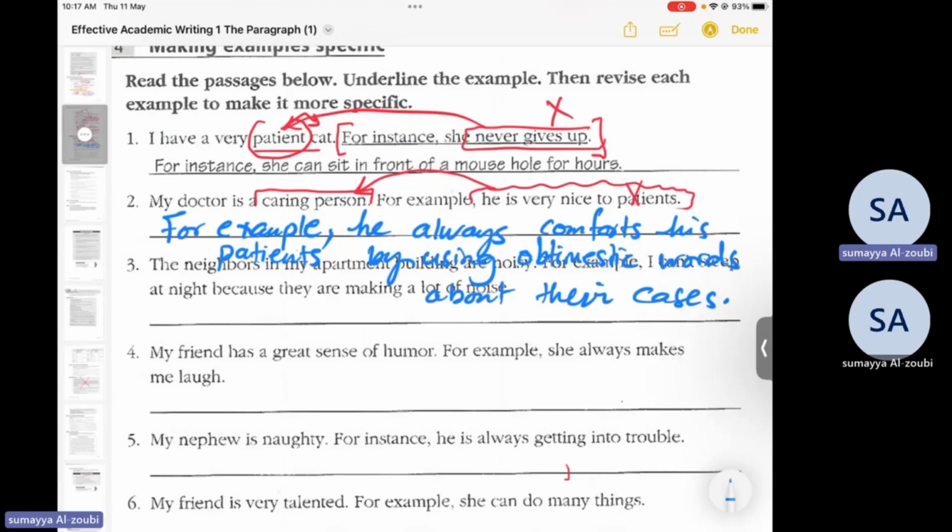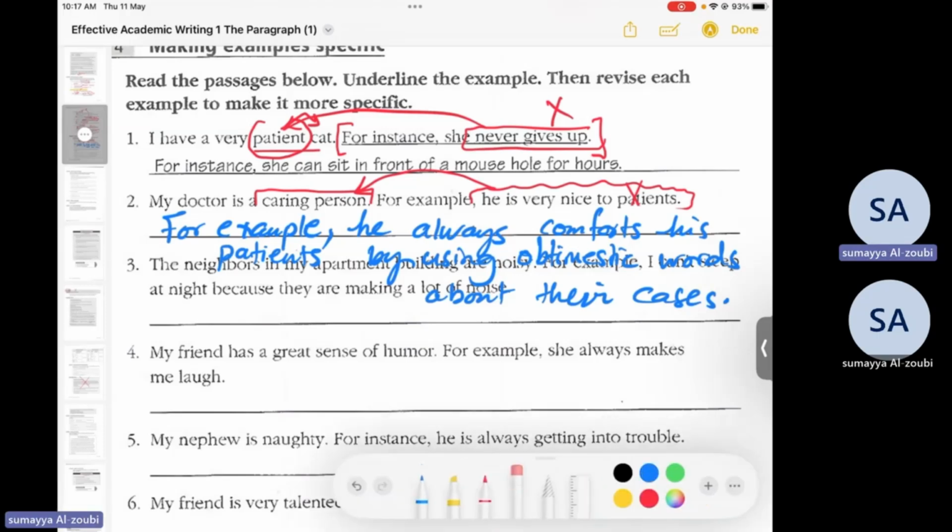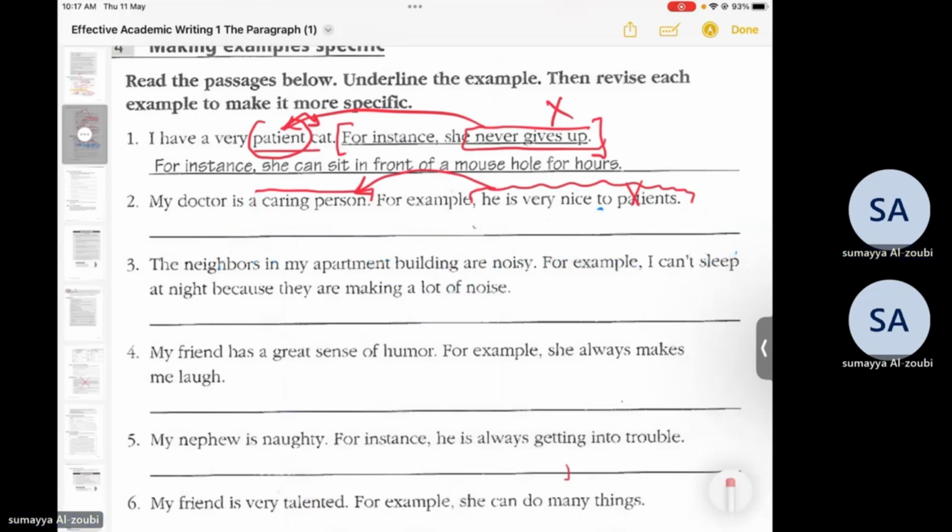Don't you agree? Do you agree with that or not? Let's see where this agreement takes us.